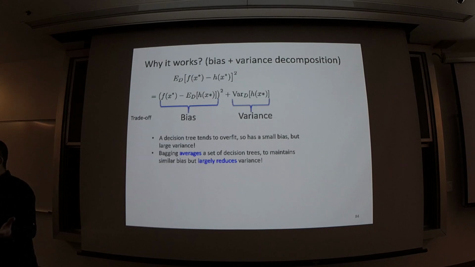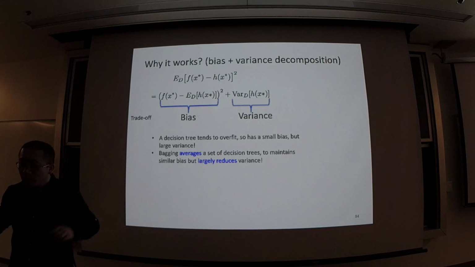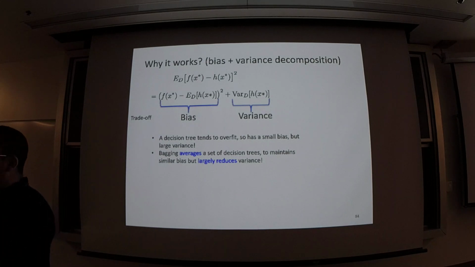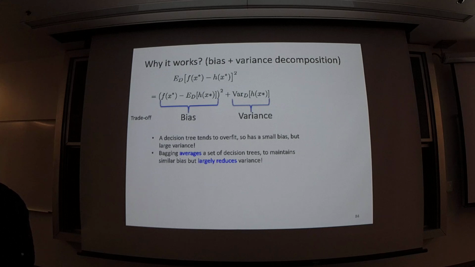In the ideal case, if those random variables are independent and identically distributed, and I average 10 of them, the variance of the averaged variable is 1/10.